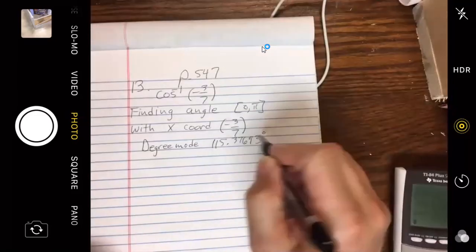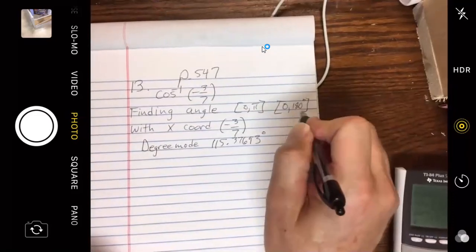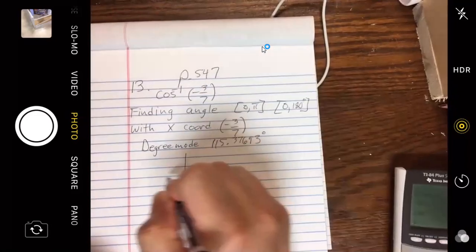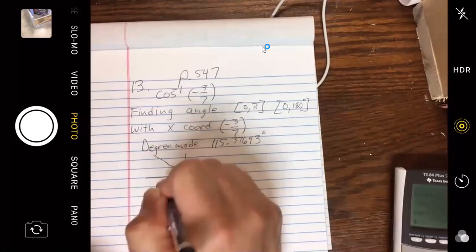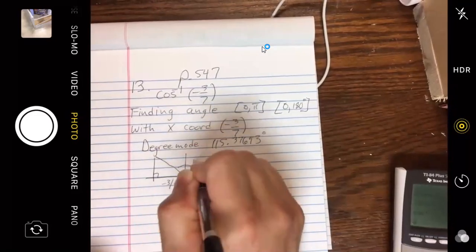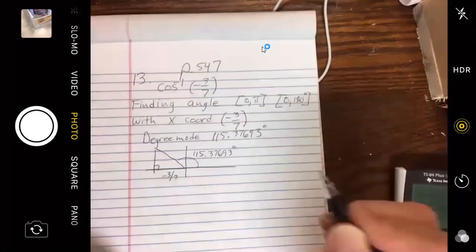Notice 0 to pi means 0 to 180 degrees, and we're between that. So if we wanted to label the triangle, your x leg would be labeled -3/7, and you'd be at 115.37693 degrees.